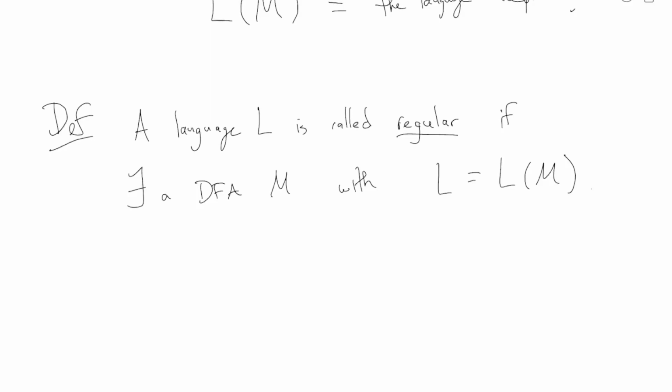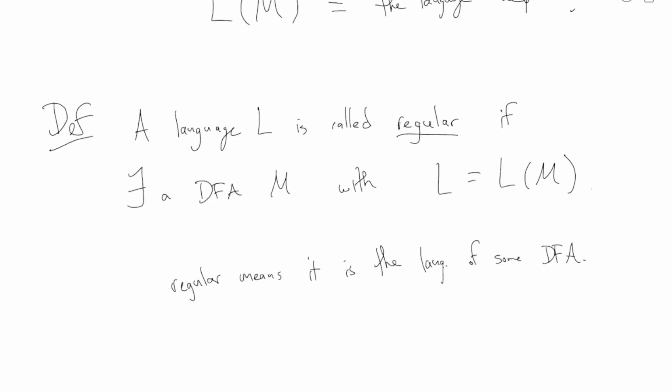Regular means it is the language of some DFA. I hope you remember this little guy here. Regular means there exists some DFA so that that language is the language of the DFA. That's what a regular language is.